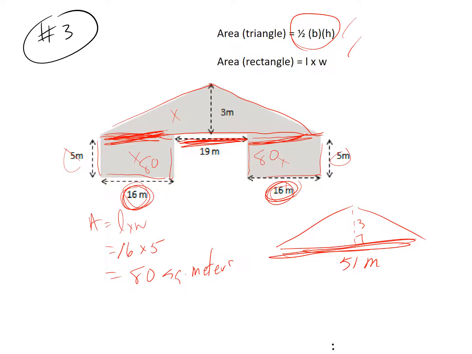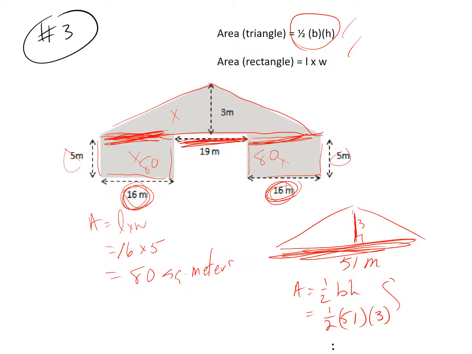Now I've got the height, I've got the base, and I can just plug numbers into the formula for the area of a triangle. Remember, the area of a triangle is 1/2 base times the height, which in our case is 1/2 times 51 times 3. Let's move this up here a little bit.